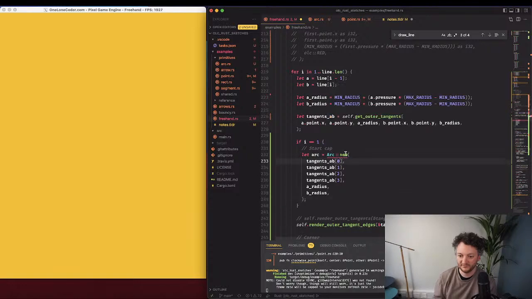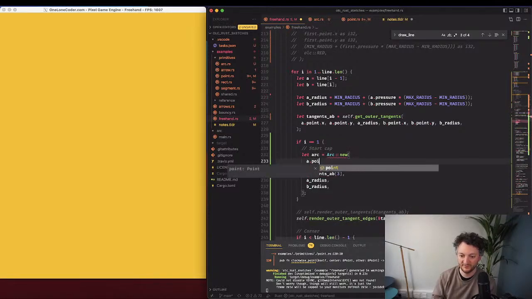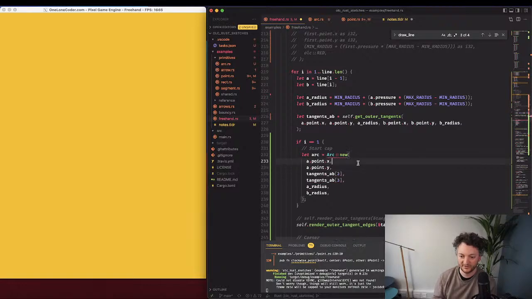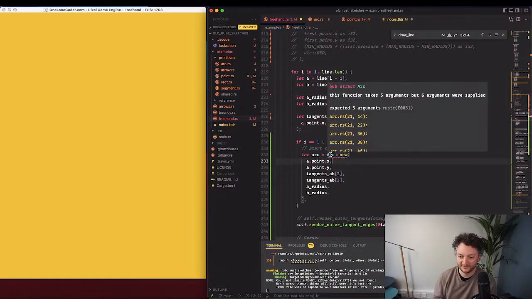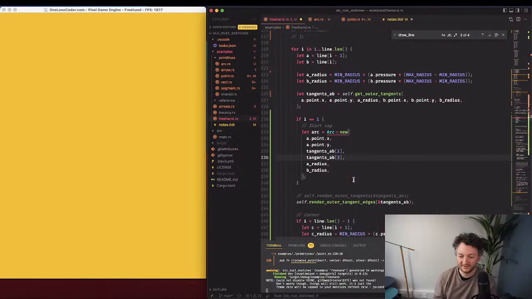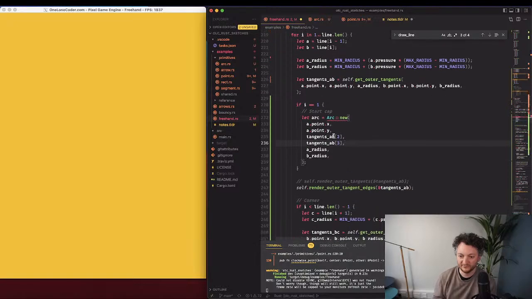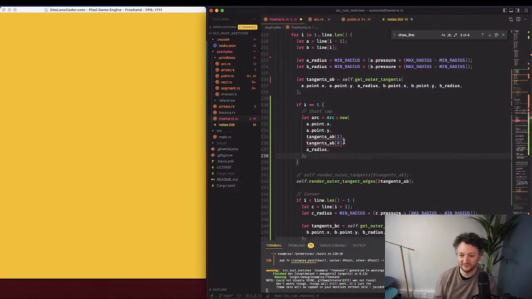And we want this to be at a.point.x, a.point.y. And again, we're going to try and use our arc here. And then we want it to go from tangents AB0 to tangents AB2. And we want it to just use a radius.